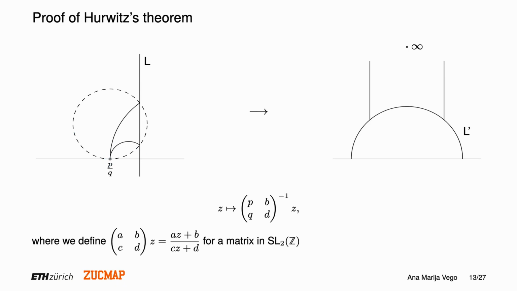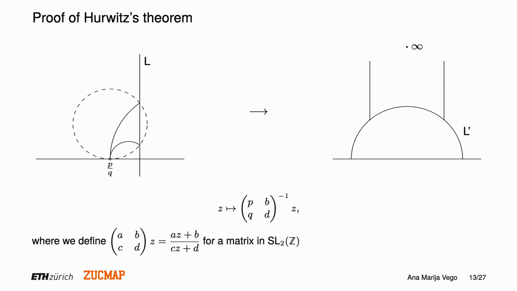I'll just give you a short idea of how you do that. We consider not only the point p over q and alpha, but also this circle and the line L, and we let the group SL2Z, the 2 by 2 matrices with determinant 1 and integer entries, act on the points of the upper half plane by modular transformations, which is precisely the action az plus b divided by cz plus d.